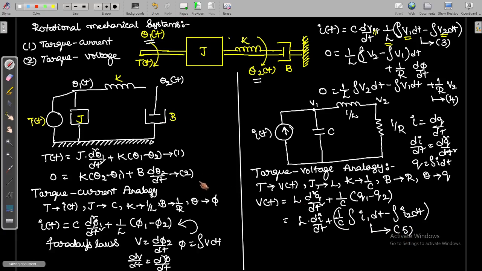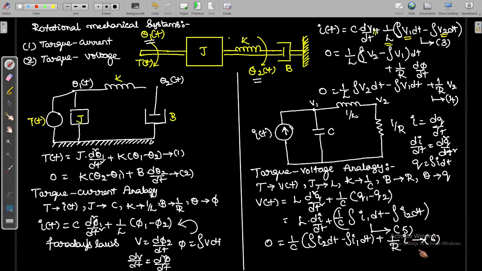So substitute here only. 0 is equal to, in place of K we can write 1 by c, integral of I2 dt minus integral of I1 dt, plus in place of B we can write 1 by resistance, and dq by dt is I, so that can be written as I. So this is the sixth equation.